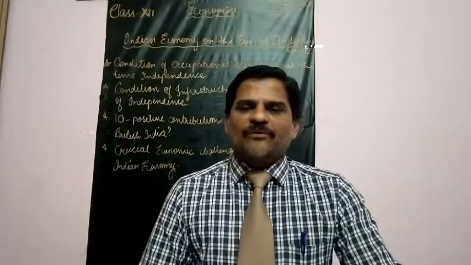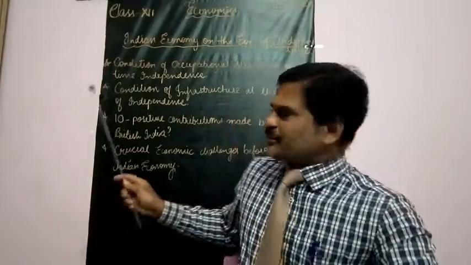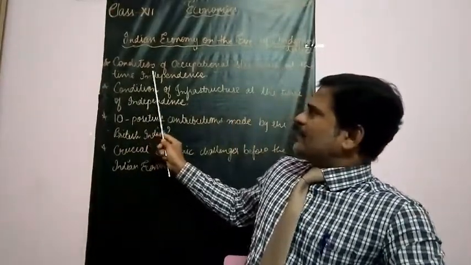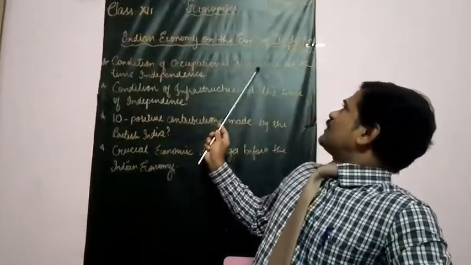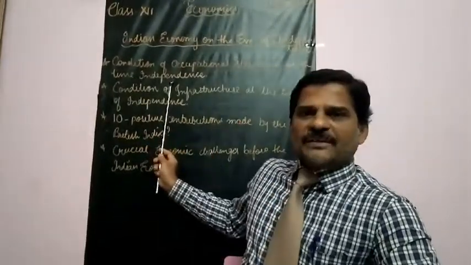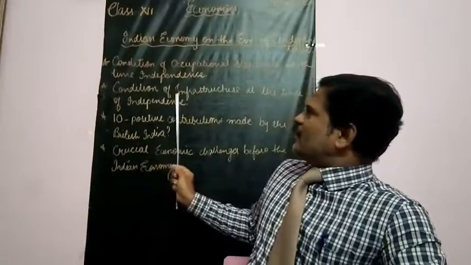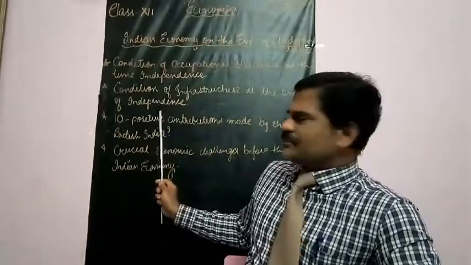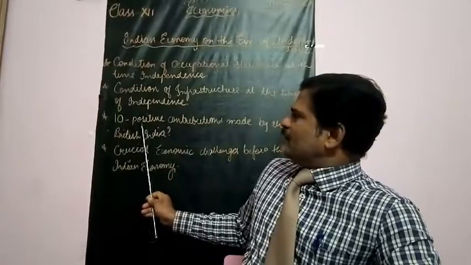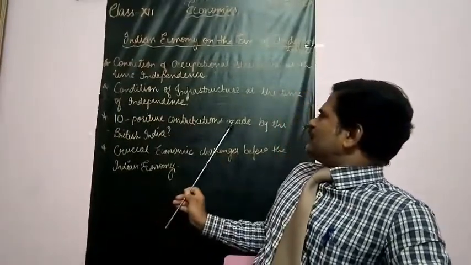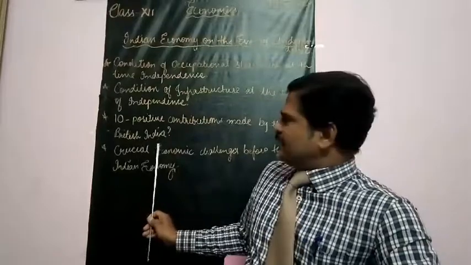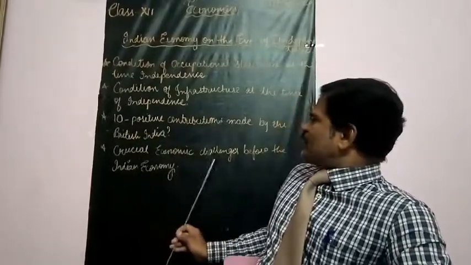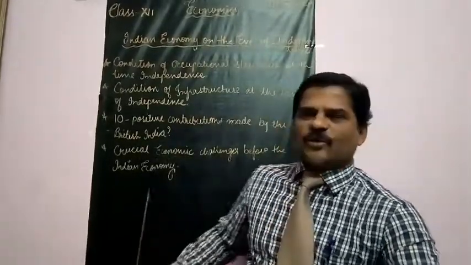In this chapter, today we are covering the following topics: condition of occupational structure at the time of independence, condition of infrastructure at the time of independence, positive contributions made by British in India, crucial economic challenges before the Indian economy.